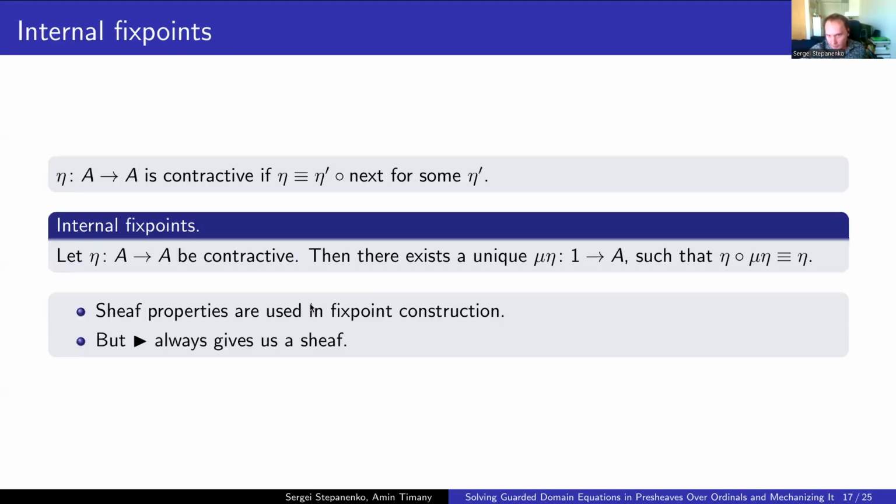So for example, in the case of contractive functions, we require that all contractive functions can have a fixed point, and contractivity embeds later by using next. So we always work with sheaves by the properties of later. So we can just prove properties only of later and work with presheaves in the rest of the formalization.